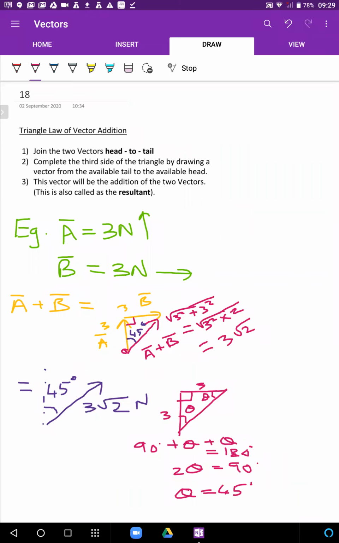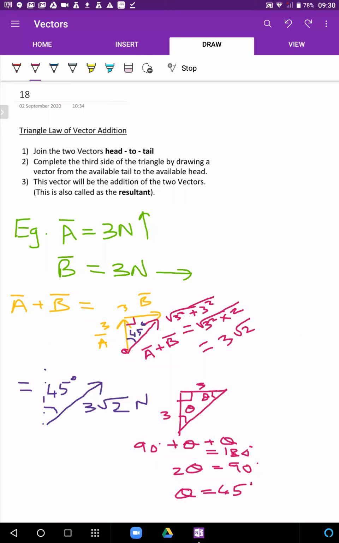So what is our answer? When we get A and B, our resultant is this. While talking about a resultant, it is not just enough to say 3 root 2 Newton, but we also need to find out the direction. So it seems like it's 3 root 2 Newton at some angle of 45 degrees with the vertical. वो magnitude भी निकालना है और direction भी निकाल के रखना है, और सामने फिर ऑप्शंस पढ़ के तुम सही ऑप्शन पिक करोगे.